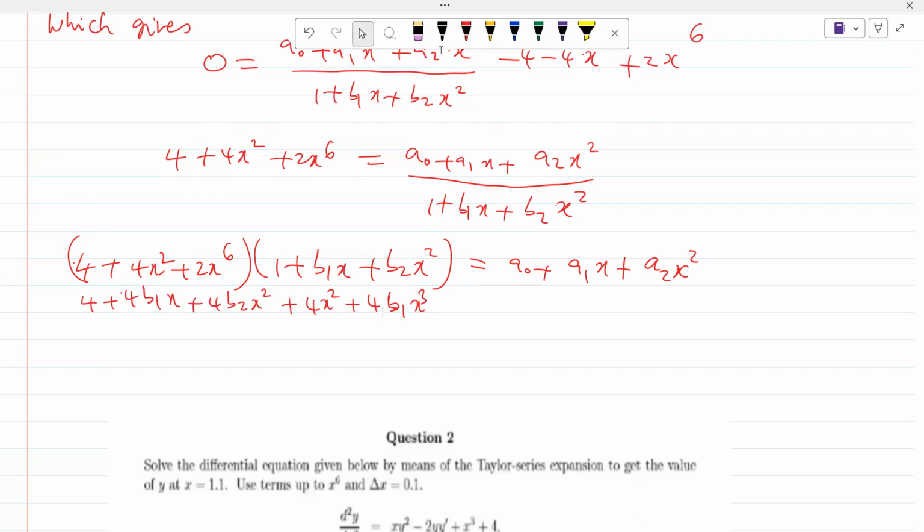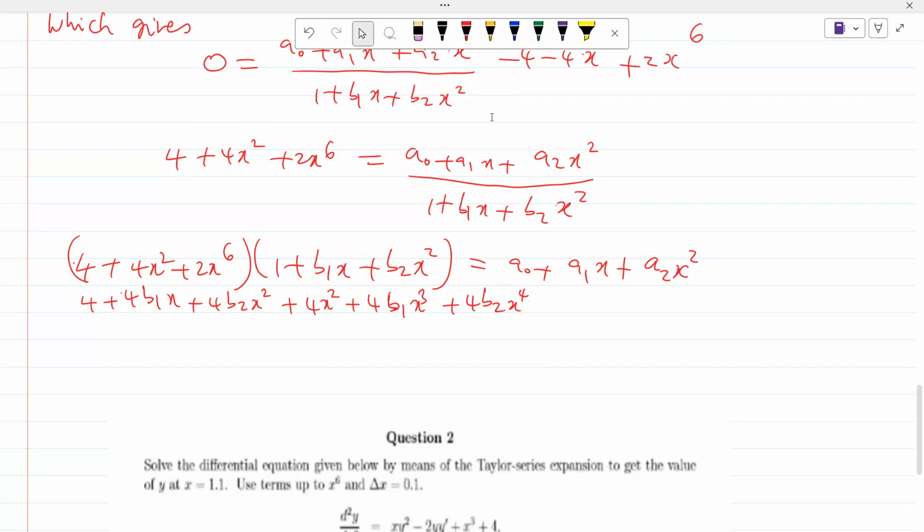And then next we multiply 4b2 x to the fourth power. Then what else do we get out of these?